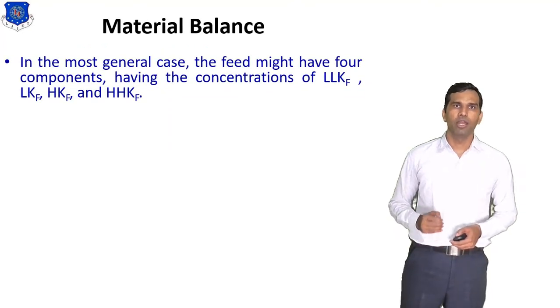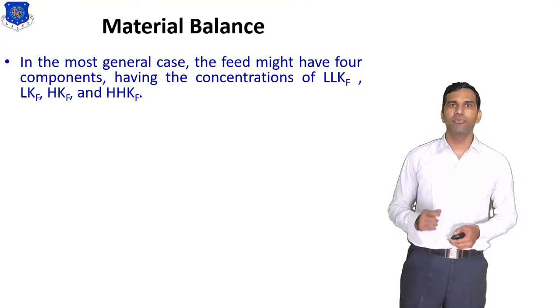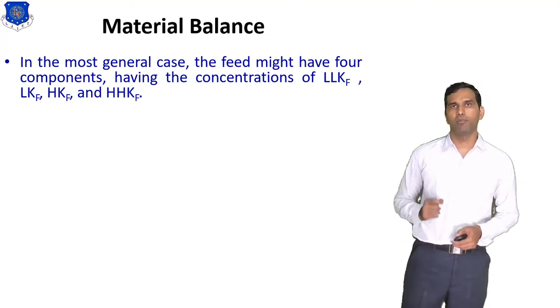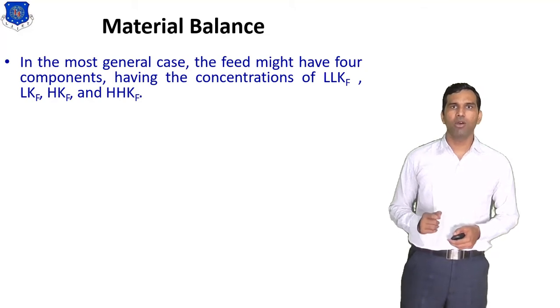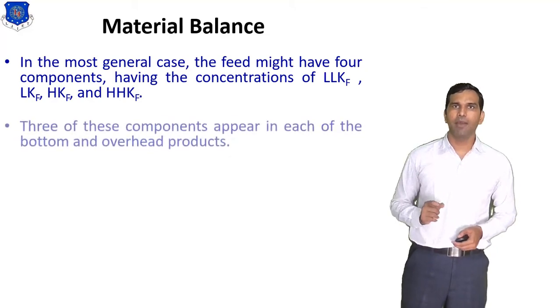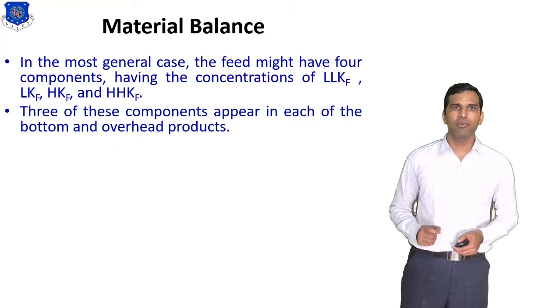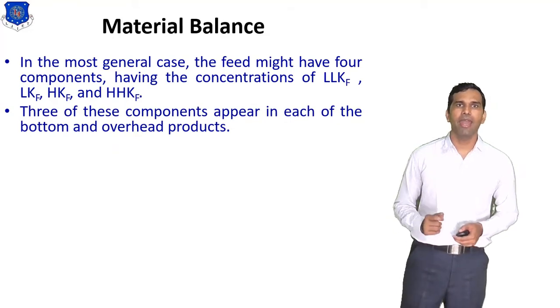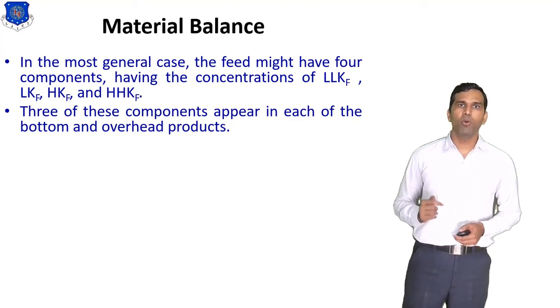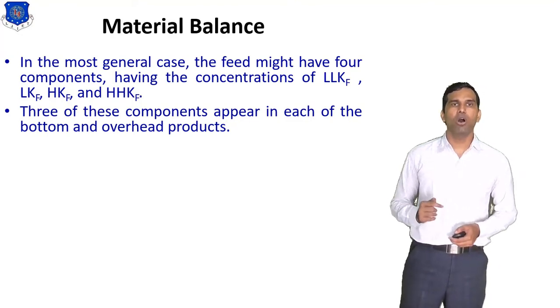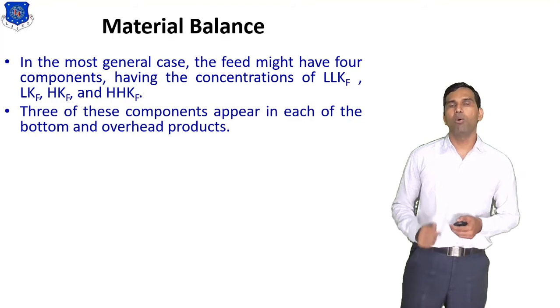Now in the most general case, the feed might have 4 components, having the concentrations of LLKF, LKF, HKF and HHKF. 3 of these components appear in each of the bottom and overhead products.